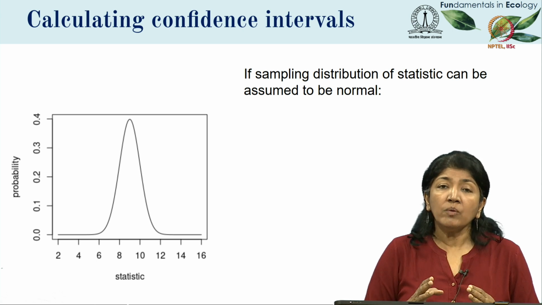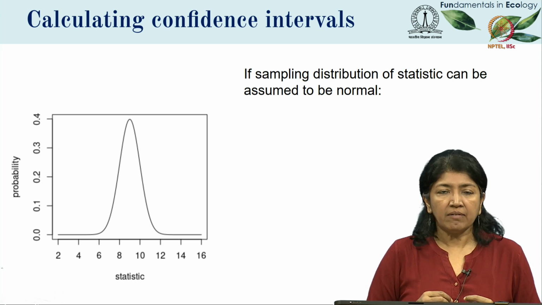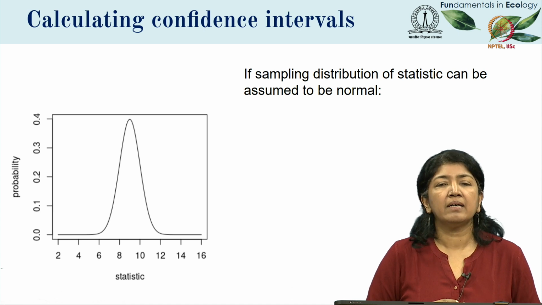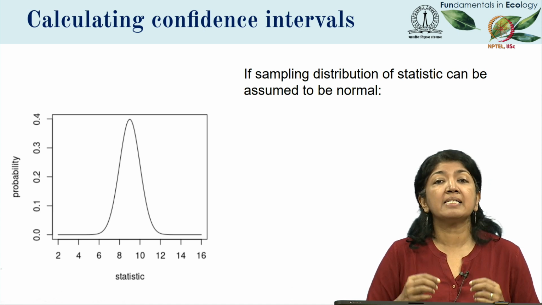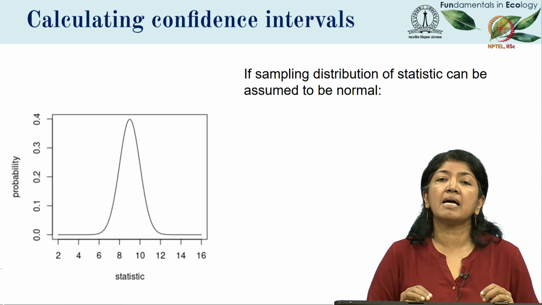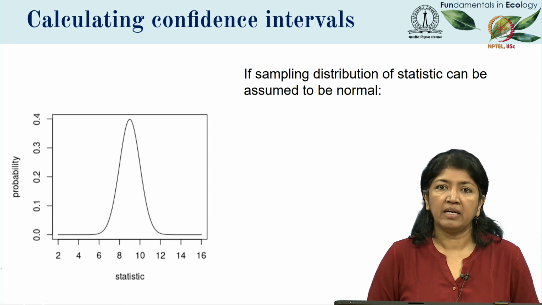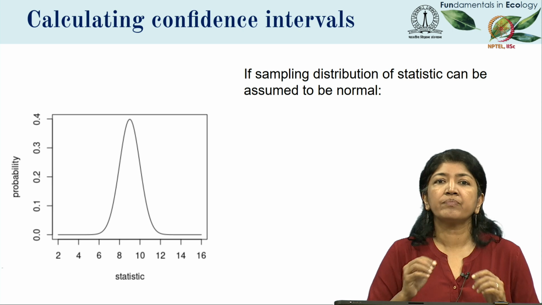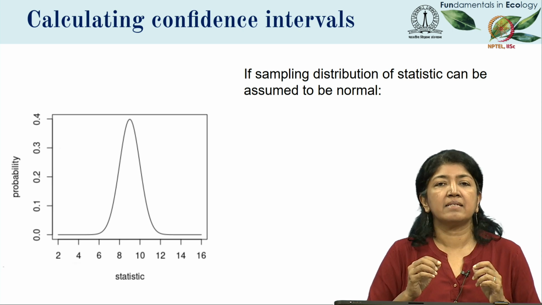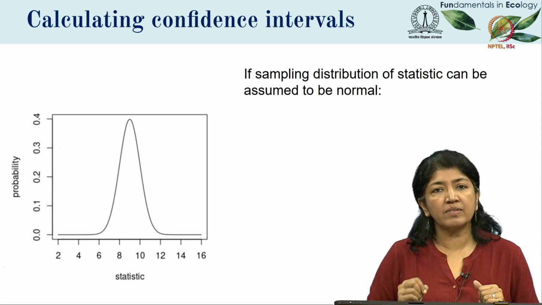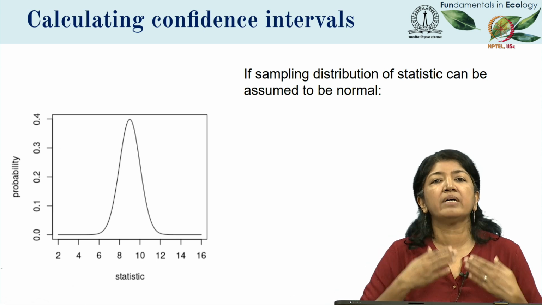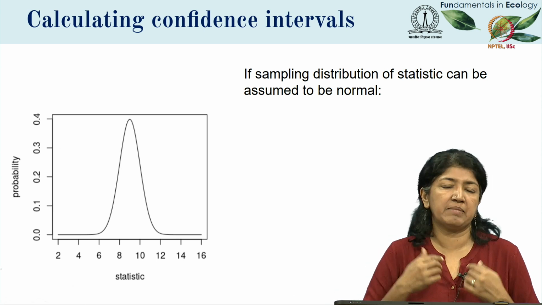A more common way of calculating the confidence interval, which you are probably familiar with, is if we can make some assumption about the sampling distribution of our statistic. What is the sampling distribution? Remember, the sampling distribution represents the distribution of sample means, the distribution of our estimates if we were to carry out the study many times.